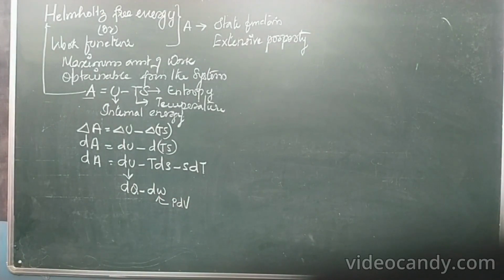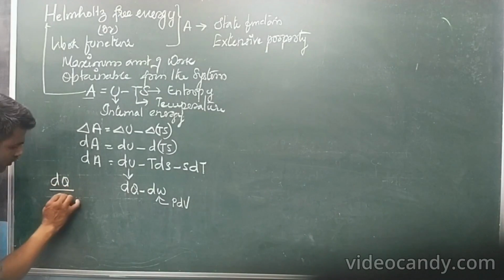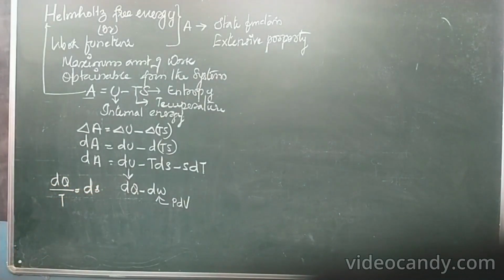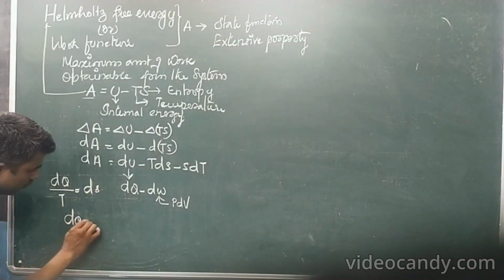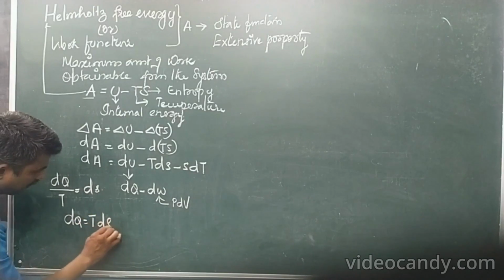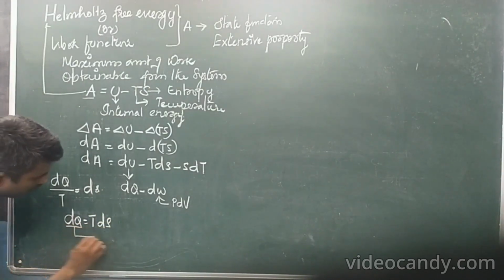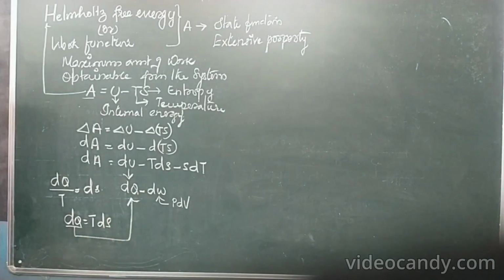The second law of thermodynamics states that the ratio of change in heat content divided by temperature is equal to the change in entropy. Hence, dq is equal to temperature times the change in entropy. Now I can replace dq with T dS.